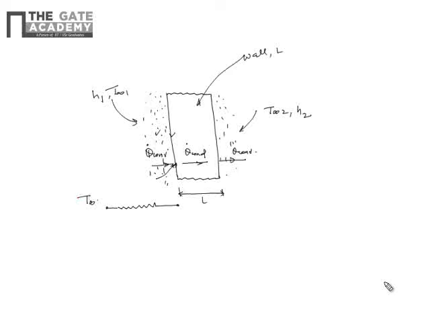its temperature is T∞1. Let us say the left hand side wall surface is maintained at temperature T1. So this node will have temperature T1, and this wall is offering some conduction resistance. Let us say this is our conduction wall, and this is our convection 1.